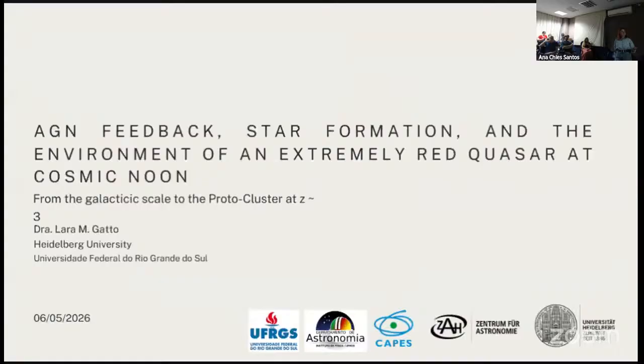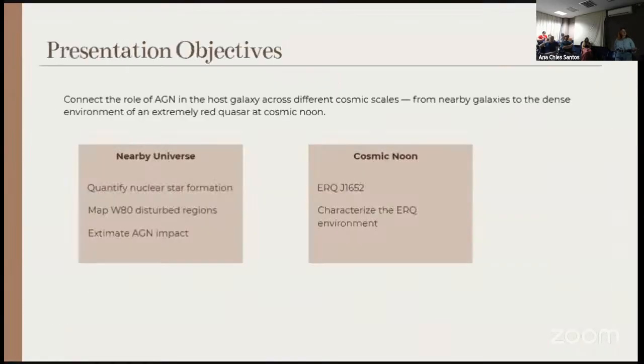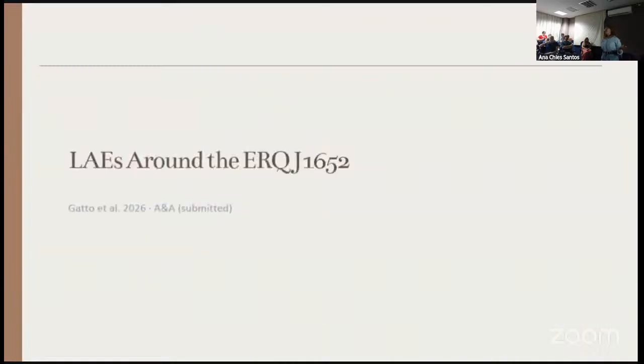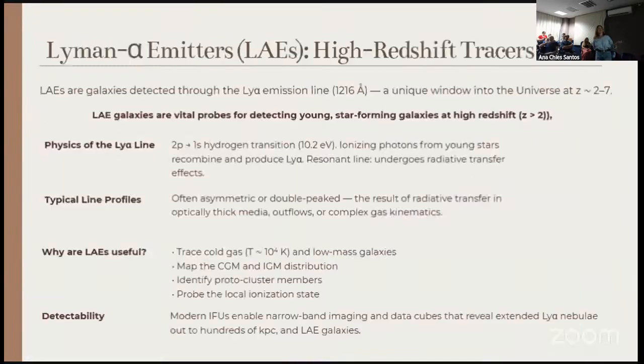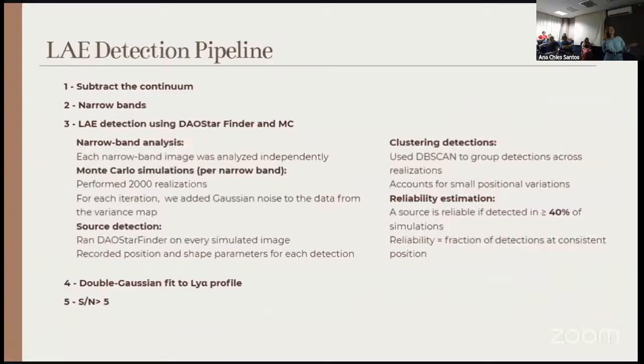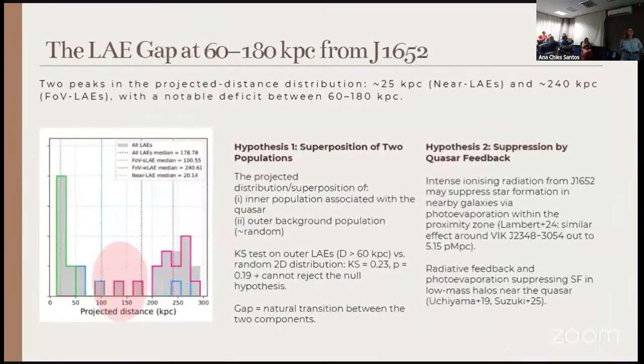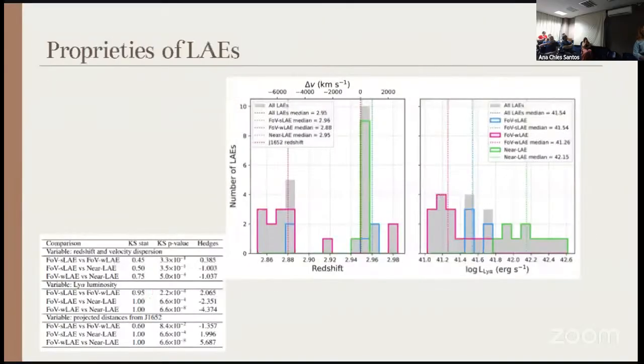Okay. Two slides back. You mean, so you have this velocity offset. Yeah.